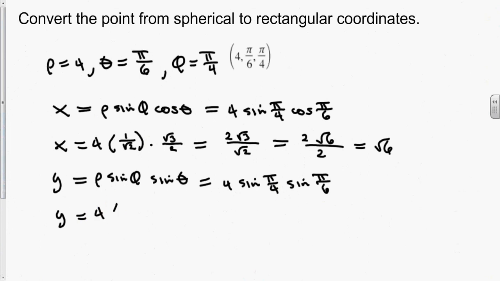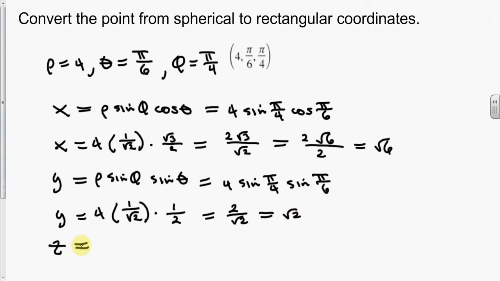So y is 4 times 1 over the square root of 2, and the sine of pi over 6 was 1/2. So 2 over the square root of 2, and that's the same thing, it's just the square root of 2.